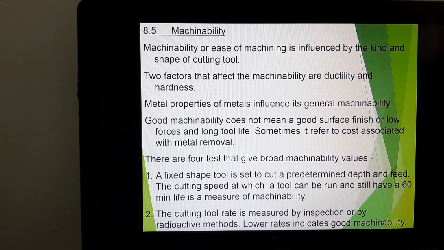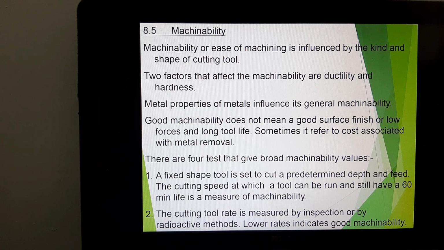So it's very difficult for you to define the term good machinability or bad machinability on your own. If I give you a scenario, I would expect you to define machinability in terms of 4 factors, and you will see this right now. Machinability, or ease of machining, is influenced by the kind and the shape of the cutting tool. Two factors that affect machinability are ductility and hardness.